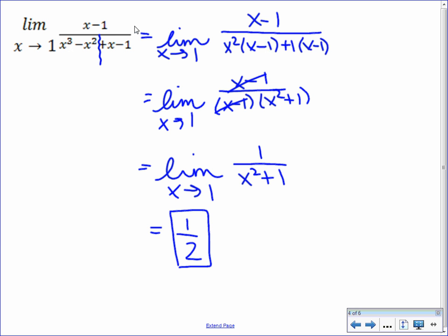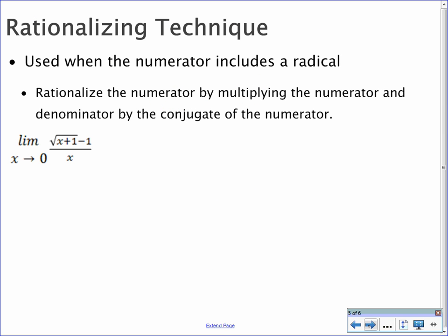Okay? Second method we get to look at today is what we call the rationalizing technique. When you hear the word rationalize, you think of, okay, what's inside fractions?